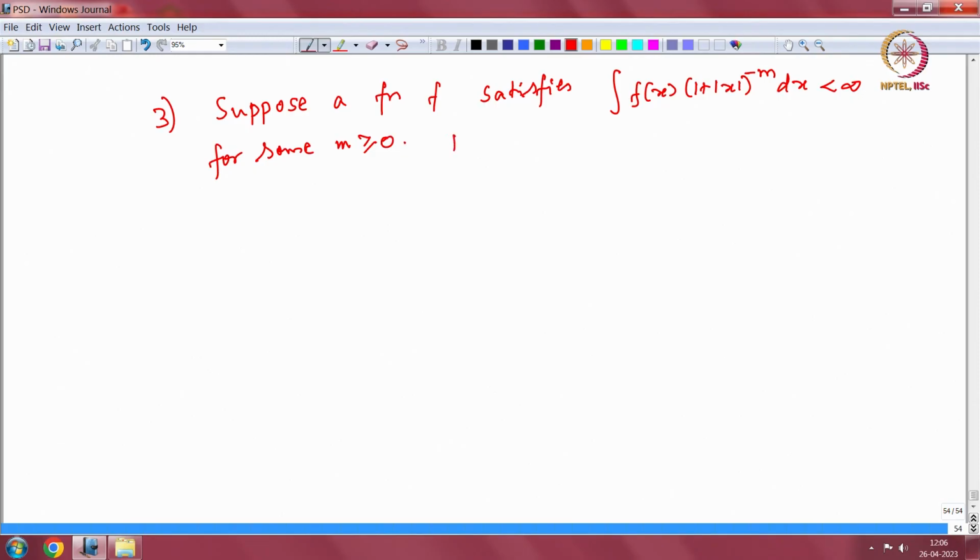Then f defines a tempered distribution. So we have already seen that all Lp functions are tempered distributions. More generally you can also introduce, instead of f, a measure here. So instead of f you can put a measure, so that this function is integrable with respect to that measure.